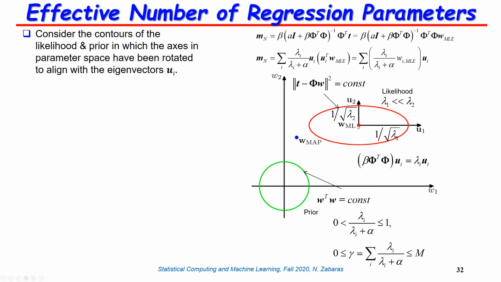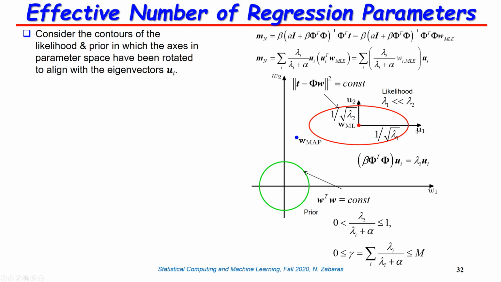So this is the MLE estimate, this is the MAP estimate, and you can appreciate, at least in this geometric representation, that the W1 component of the MAP estimate is very small. Again, I am doing this looking at the direction of U1, where lambda 1 is small.